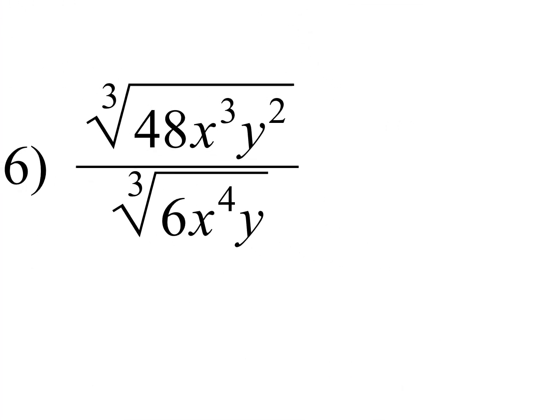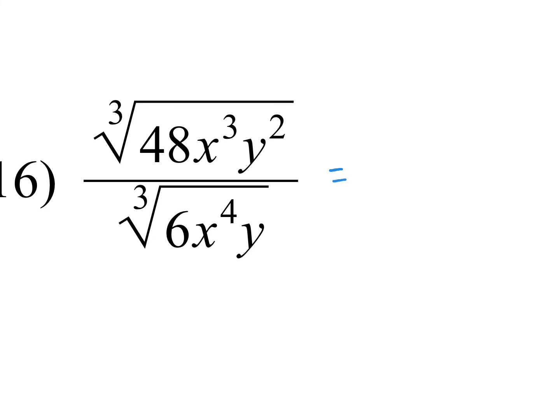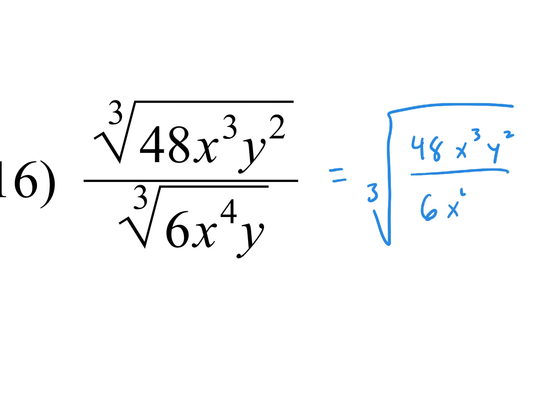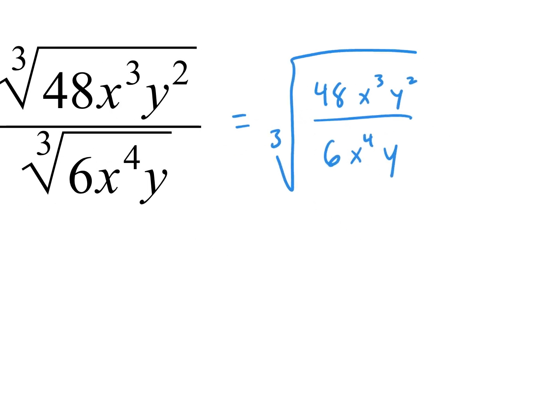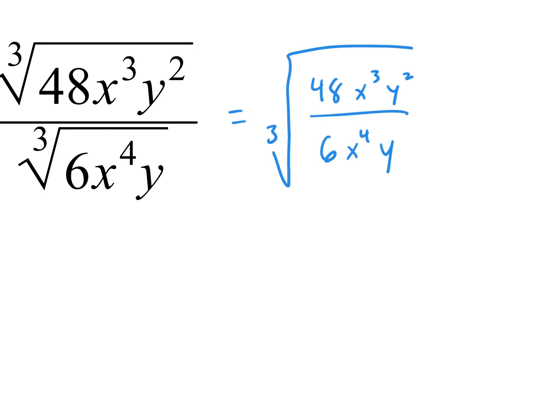All right, so let's look at 16. Can I combine these together? Yes. So 48x cubed y squared over 6x to the 4th power y. With our numbers, can I divide 48 by 6? What's 48 divided by 6? 8.